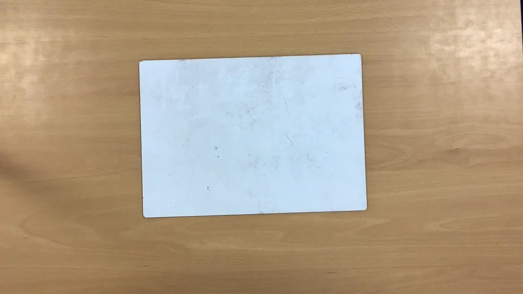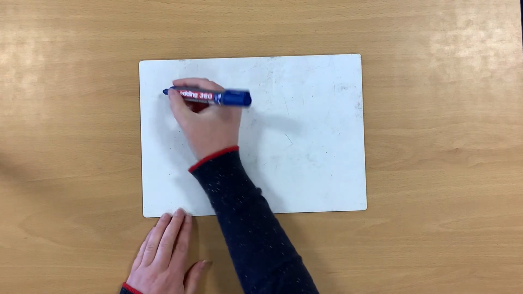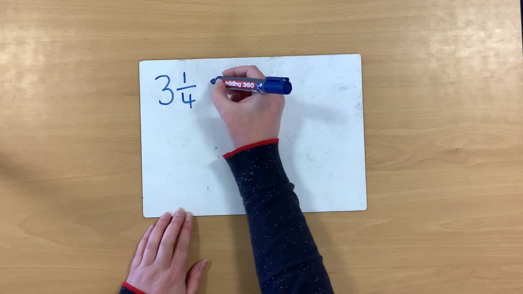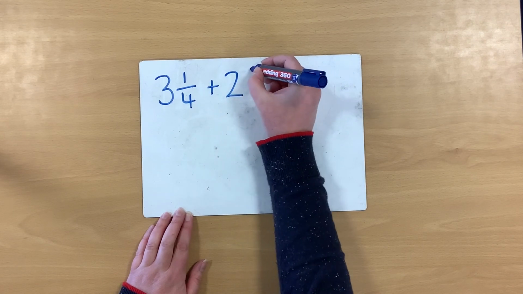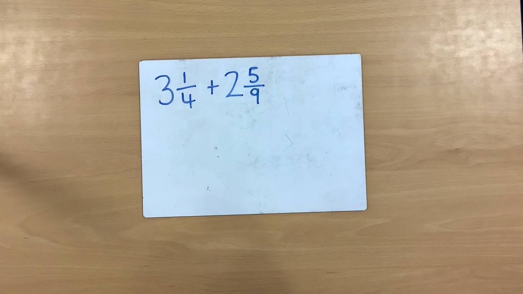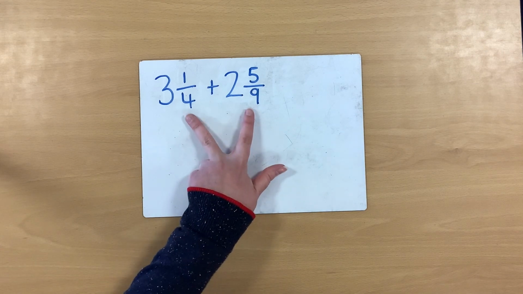So we're going to go through a few examples together and I'm going to do them on this whiteboard. To start off with, I'm going to do 3 1/4 add 2 5/9. The first thing I need to do, when we're adding fractions, is make sure that the denominators are the same.